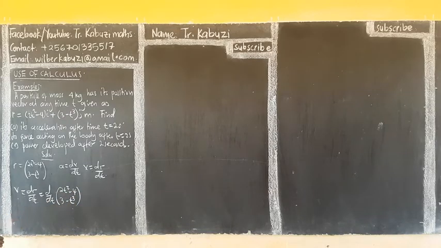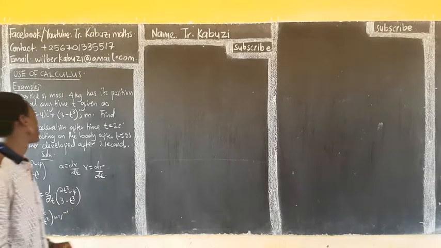From here you can see that our velocity is going to be 4t i minus 3t squared j, and these are in meters per second.